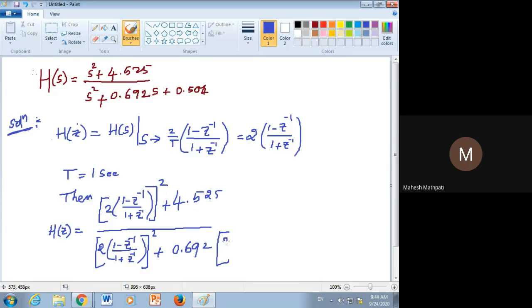So again for s I am writing 2 into 1 minus z inverse divided by 1 plus z inverse. Close this bracket, then plus 0.504. So this is the denominator side. Hope you understood this.